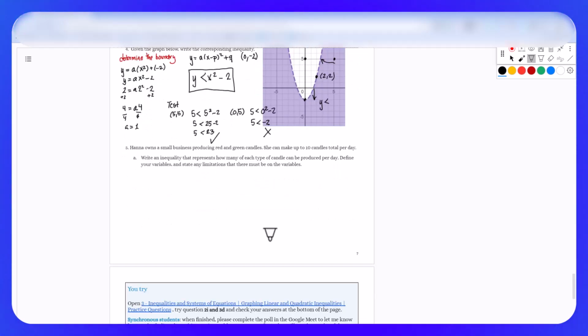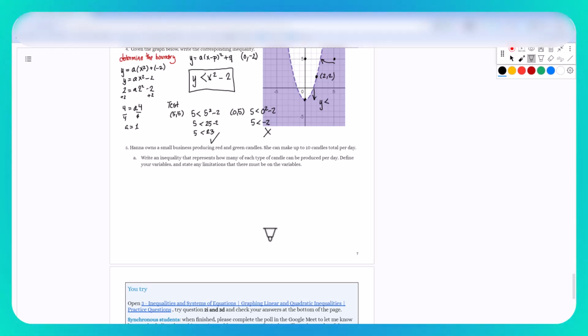And the last one. Hannah owns a small business producing red and green candles. She can make up to 10 candles per day. Write an inequality that represents how many types of candles can be produced per day.